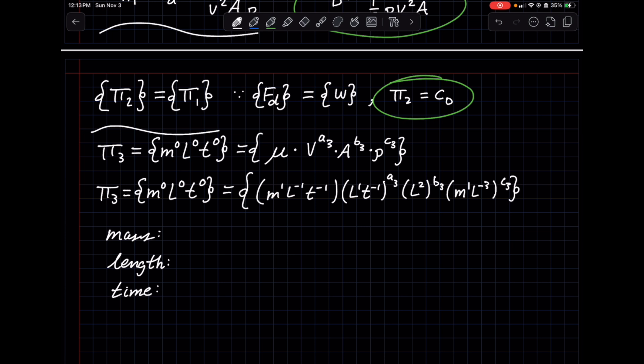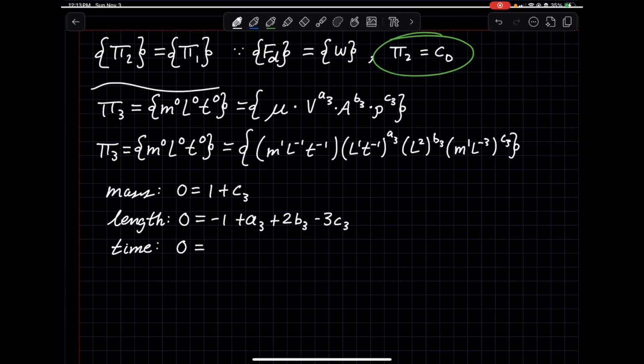And we solve. So mass is our 0, and then we have our m1, which is right here. So 1, we don't have any mass in our A term. We don't have any mass in our B term, but we do have mass in our C term. So this would be plus C3. Our length is 0, and then we have -1, then we have plus A3, plus 2B3, minus 3C3.